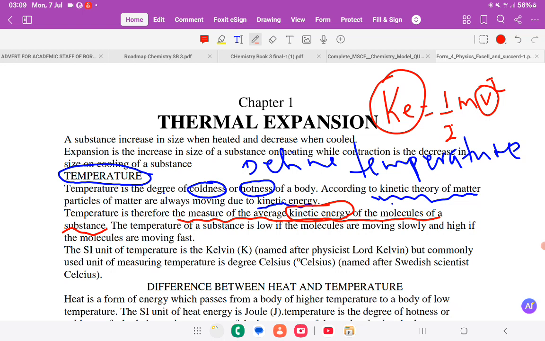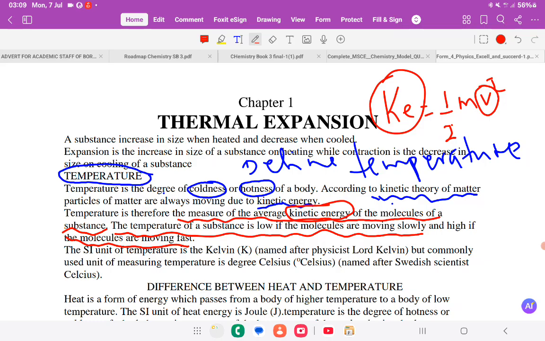So in relation to the kinetic theory of matter, we can say that the temperature of a substance is low if the molecules are moving slowly, and high if the molecules are moving fast. So there are two ways to define the term temperature.